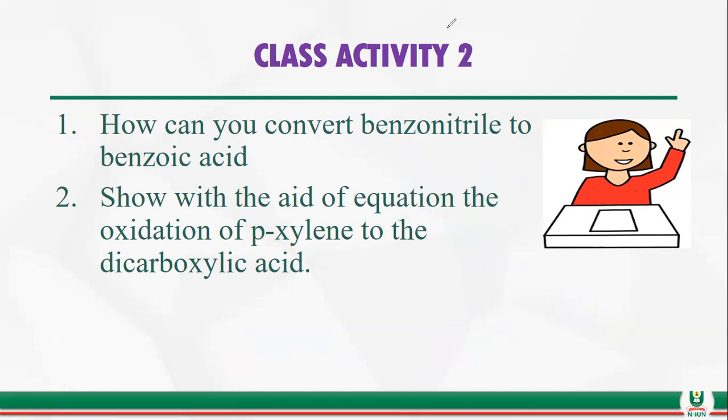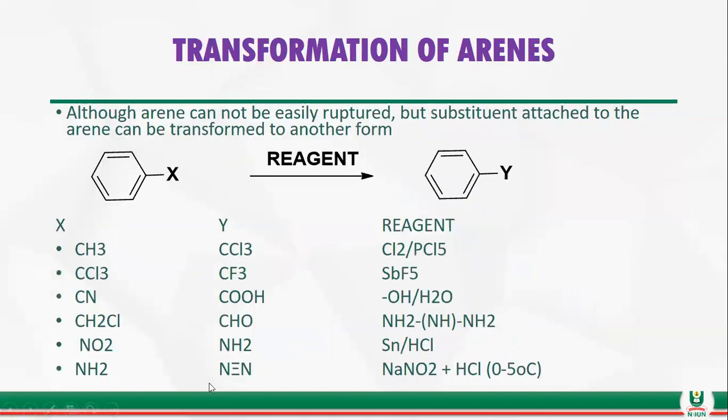So let's go back and see what we are talking about in those two questions. The first question is how can you convert benzonitrile to benzoic acid? You remember what they are adding to that benzene is N and C. If you put this one where X is, what you have there is your benzonitrile.